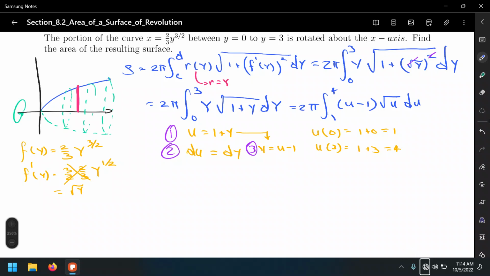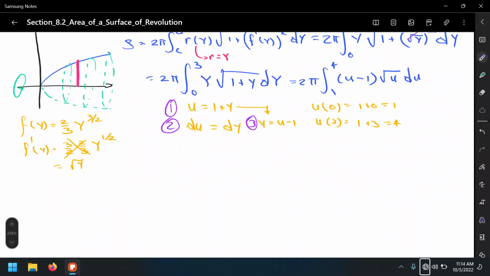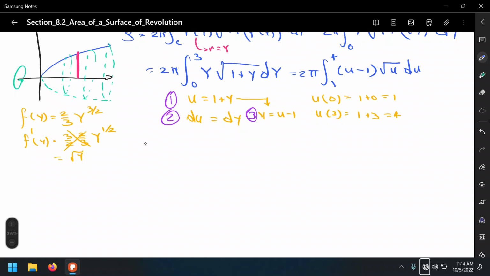In this case, having this third ingredient in the substitution is going to help us, because we're going to distribute this and get a sum of two terms. So that's 2 pi integral from 1 to 4 of u minus 1 times u to the 1/2 du.